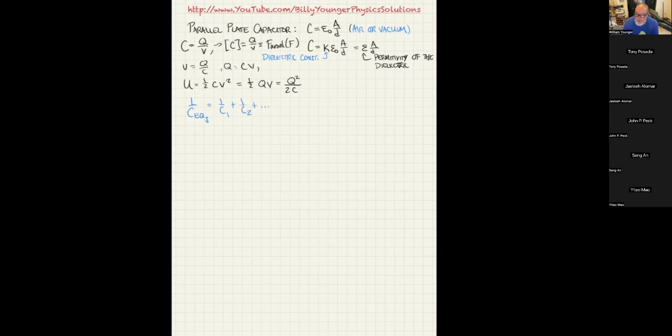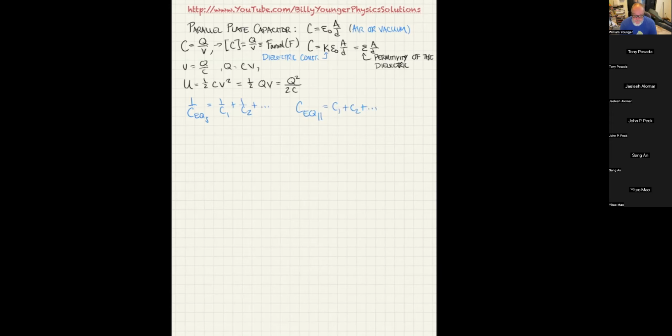You'll remember that formula looks just like the resistance formula for resistors in parallel, where 1 over R equivalent parallel equals 1 over R1 plus 1 over R2 plus and so on. Similarly, for resistances in series, R equivalent series is equal to R1 plus R2 plus and so on. Well, guess what? When we go to C equivalent in parallel, the formula becomes C equivalent parallel is equal to C1 plus C2 plus and so on.